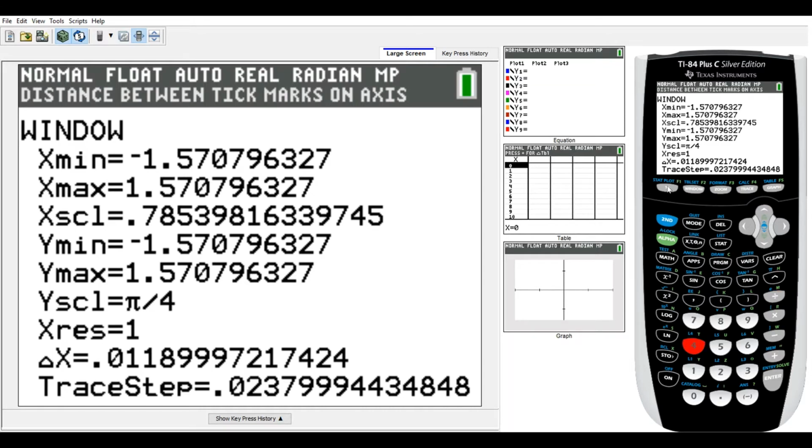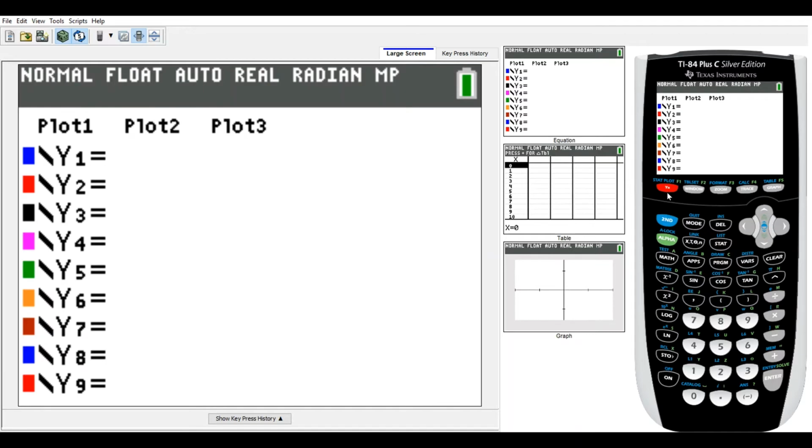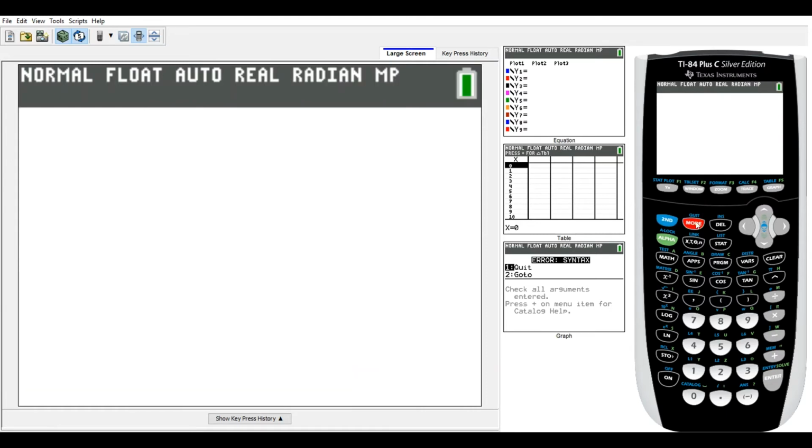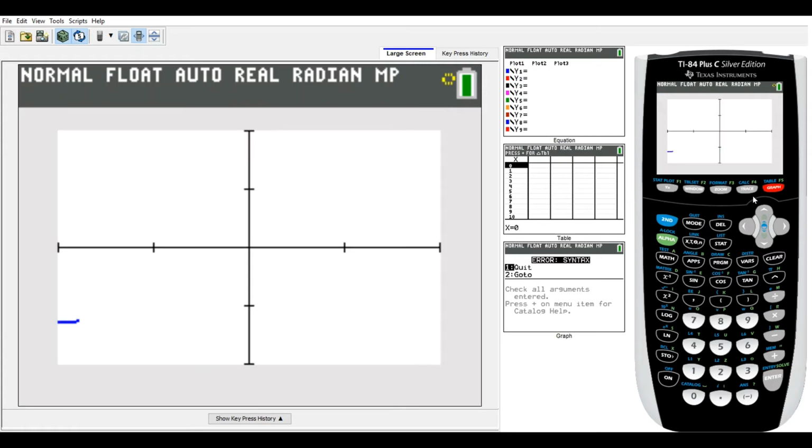Okay. And now we'll go to our window, and let's start off with just sine of x. And let's also make sure that we are in radians. Okay, I'm in radians. And I'm going to just graph this one for now. Okay.